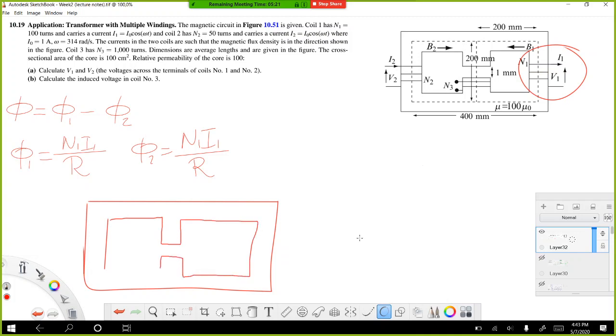If you remember from the course of electrical equipment, the total reluctance of the core is computed by dividing the magnetic circuit into parts.